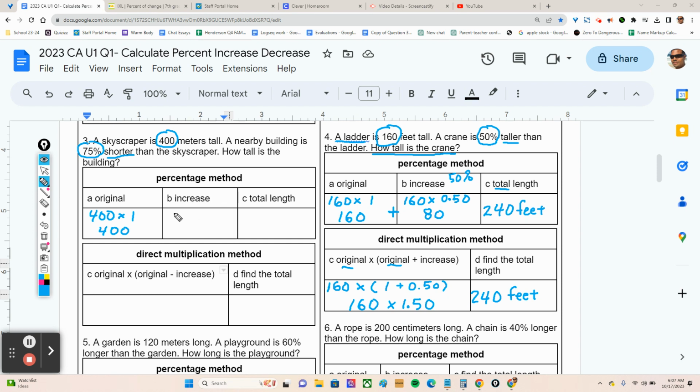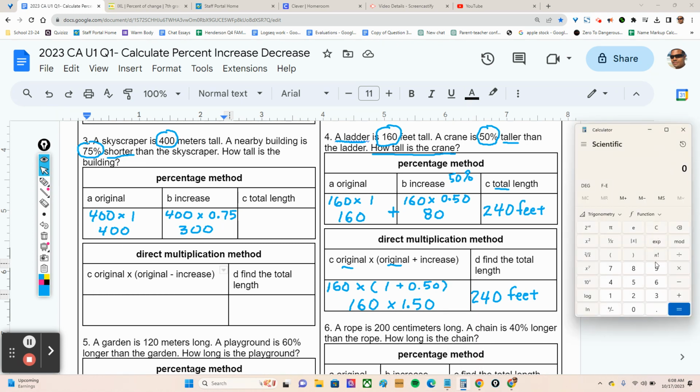We would do 400 times 0.75. 75% of 400 is 300. So 400 times 0.75 equals 300.